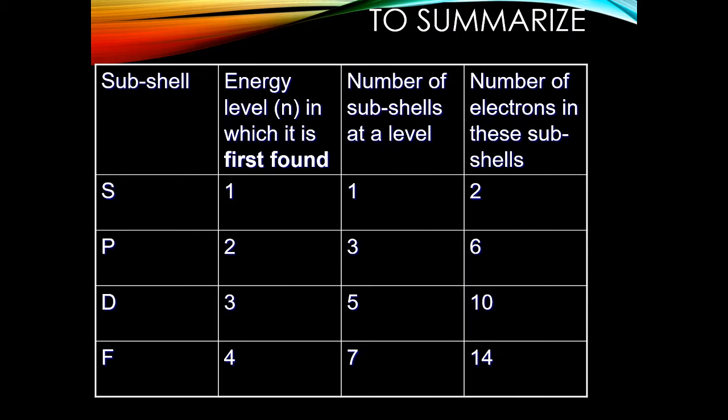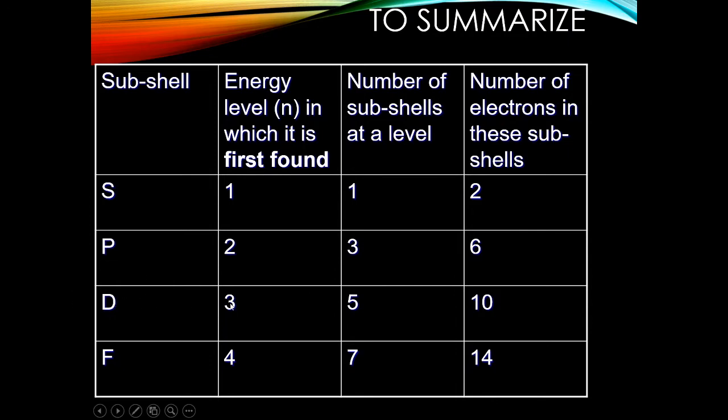And so this little diagram here, this little chart kind of sums everything up. The S shell shows up for the first time at the first energy level. And there is only one of these shapes per energy level, meaning there's a maximum of 2 electrons. The P shapes show up for the first time at the second energy level. The second energy level also has 3 shapes, 3 P shapes at that energy level for a maximum of 6 electrons.